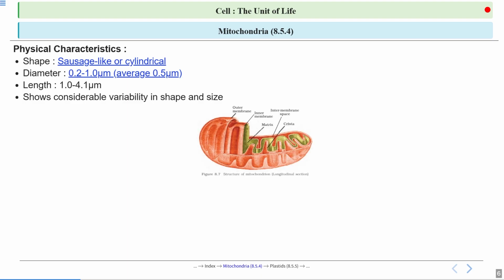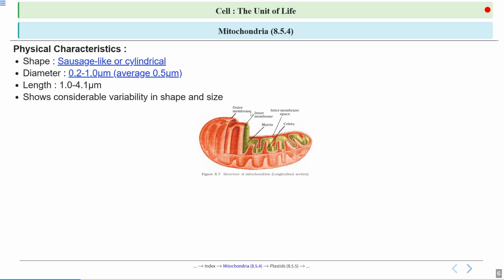So this is the sausage-like shape of the mitochondria. This is the longitudinal section. Now the various parts of the mitochondria have been labeled as well. Mitochondria is surrounded by two membranes, an outer membrane and an inner membrane.